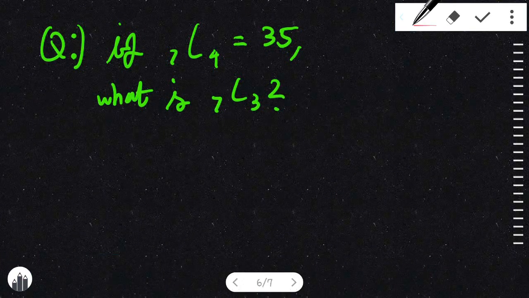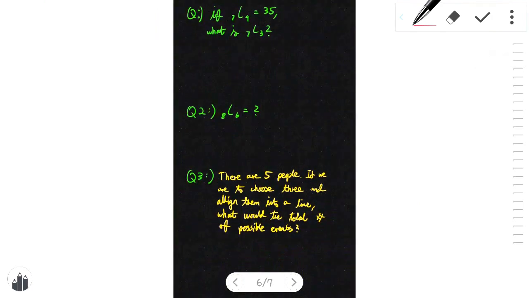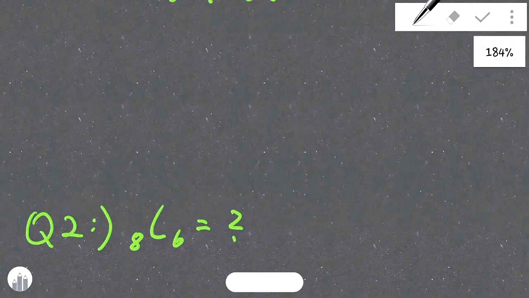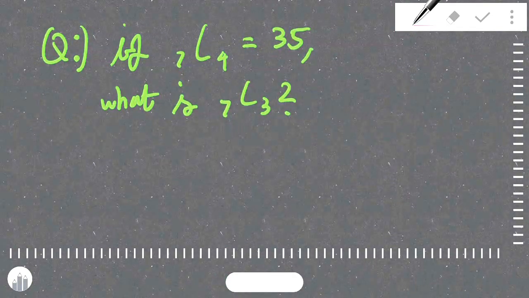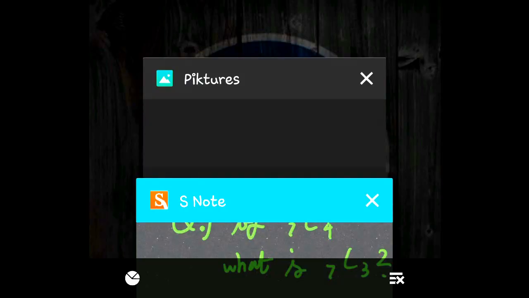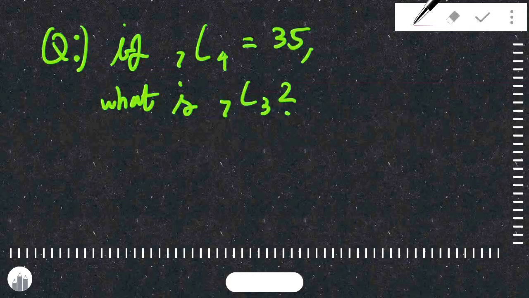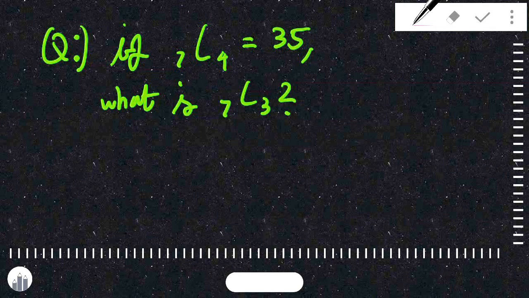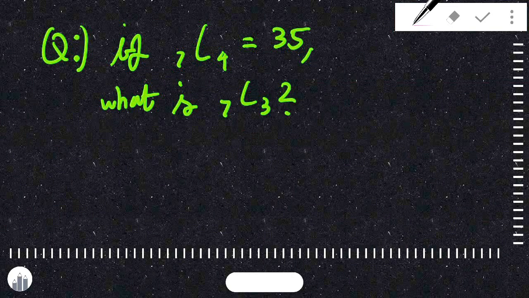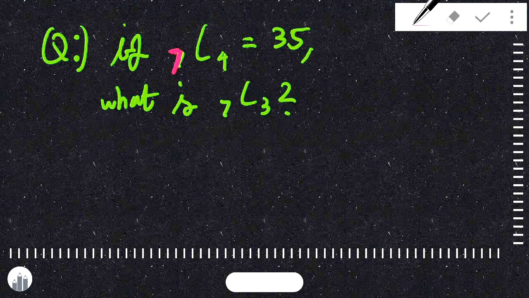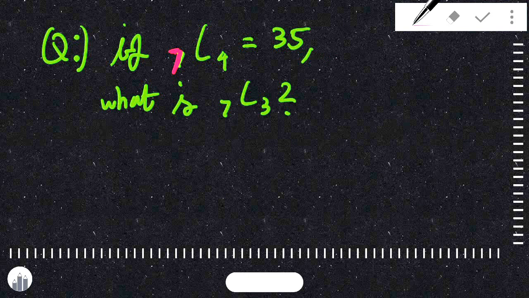First question: if 7C4 equals 35, what is 7C3?